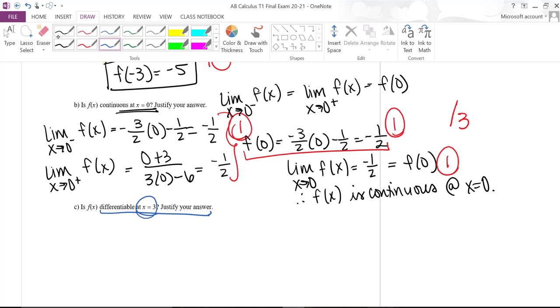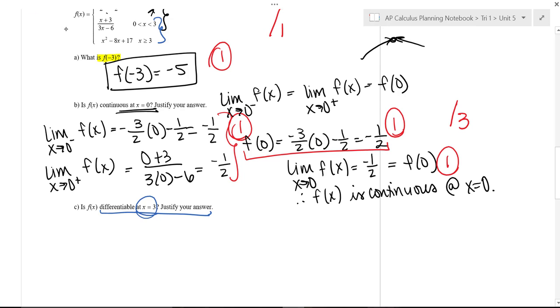So the very first thing I'm doing here is I'm going to say, is it continuous? So the limit as x approaches 3 from the left needs to equal the limit as x approaches 3 from the right needs to equal f of 3.